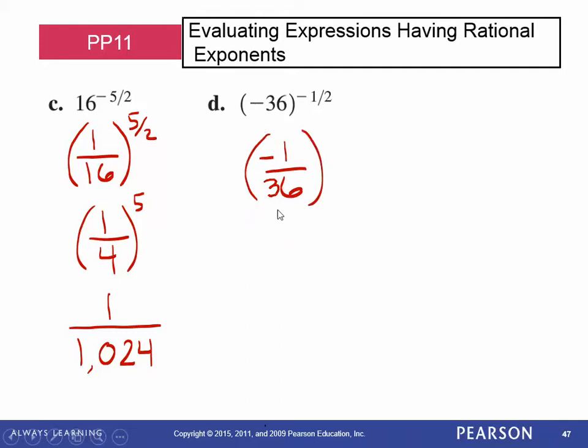So leave the negative there on top. All right, what we want to do here is we want to take the, hey, this is a square root, isn't it? Square root of a negative 1/36. You can't have it because you can't take square roots of negative numbers. So the answer is not a real number.